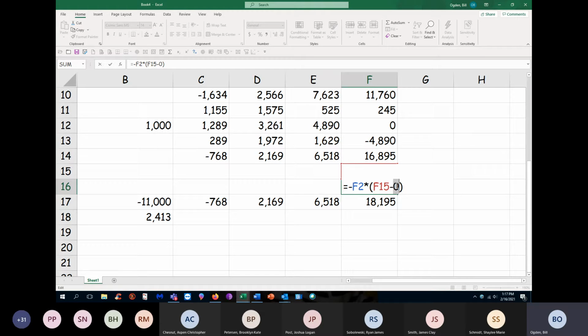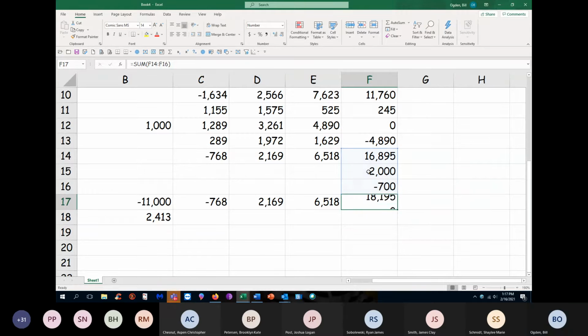Now this is something I'm very uncomfortable doing. I typed in a 0, didn't I? I usually don't like to type in numbers. Okay, and then F17, it's just the sum of these last three. So, actually, you know what I can do here if you want me to? Put that right here.